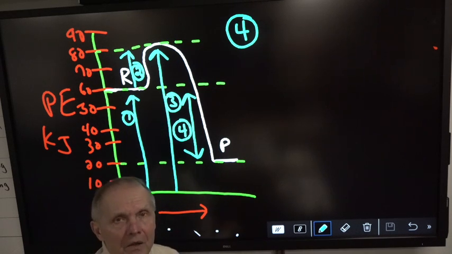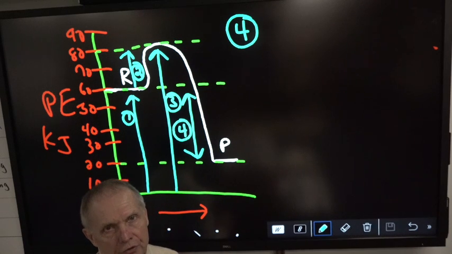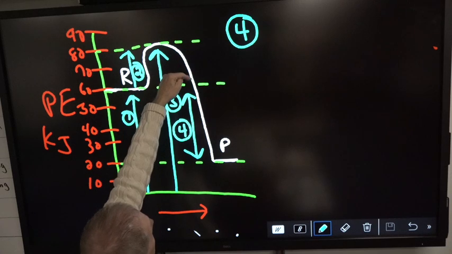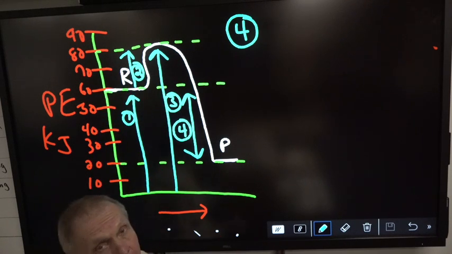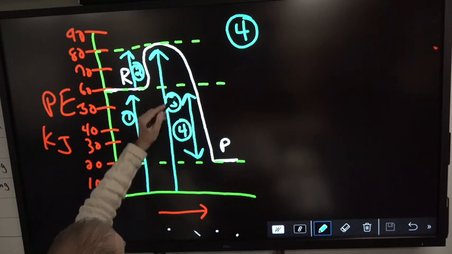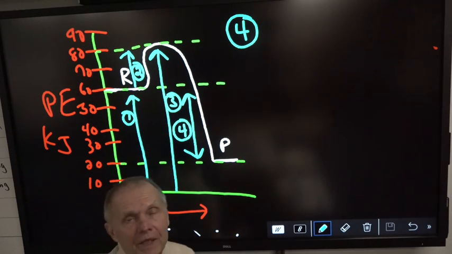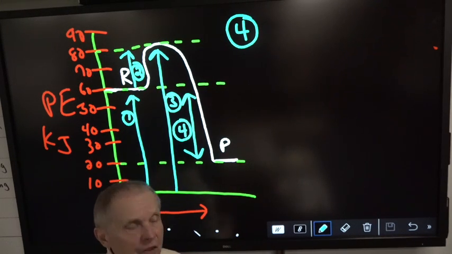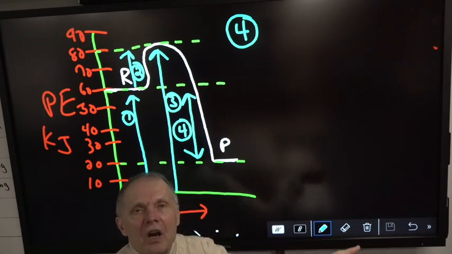So the total amount of energy released is 40 kilojoules. 40 kilojoules was given off because you can't measure that part since it took 20 to break the old bonds. All right? So for number 4, that line segment between the products and the reactants is called heat of reaction. It's how much heat was given off by the reaction.